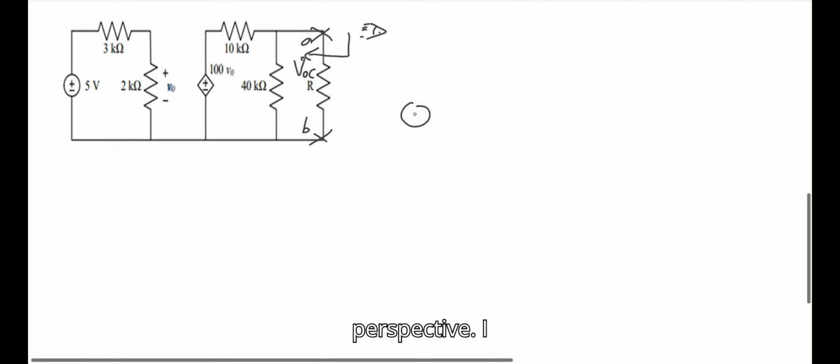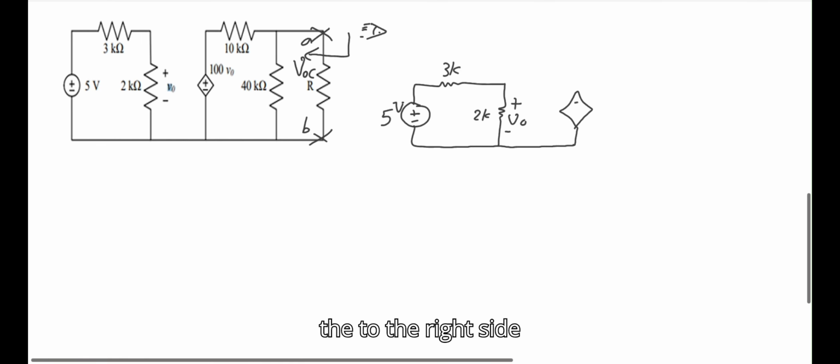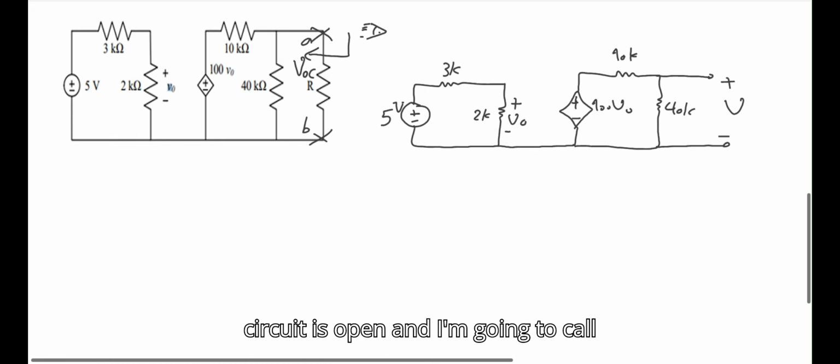So I have 5 volts here, I have 3K and 2K, and over here it's VO, and then it goes to the right side, which I have this dependent voltage source 100 VO, and I got 10K here, then I've got 40K here, and over here the circuit is open, and I'm gonna call it V of OC.